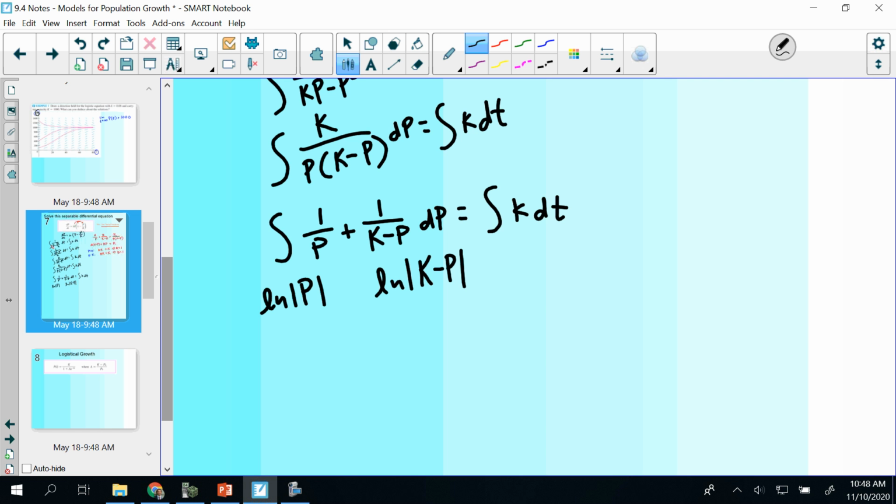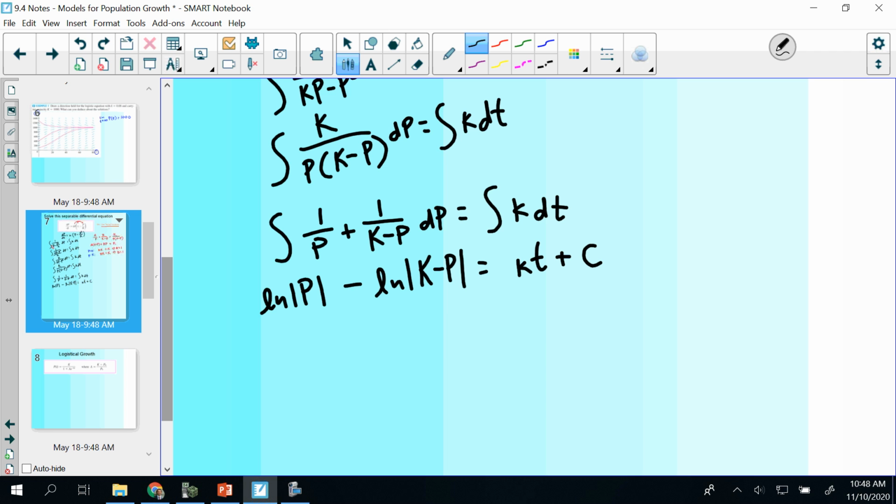And so by chain rule here, this would have to be -2, so that if we found this derivative using chain rule, we're going to get that extra negative by taking the derivative of the inside. So we should have a negative there. And the other side, our variable is dt, so this would just be little kt plus some constant.